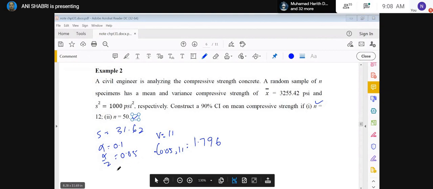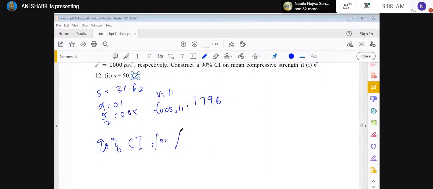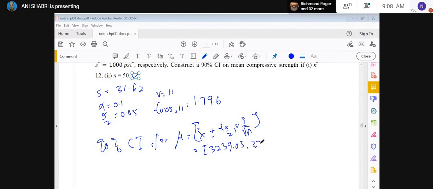Okay, just use the formula. 95% CI for mu is equal to x bar plus or minus t v times s divided by square root n. From here we can get the answer, 3239.03 until 3281.81. Okay, this one is fine.